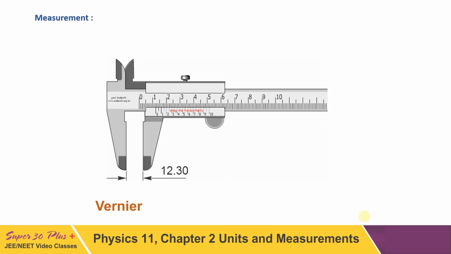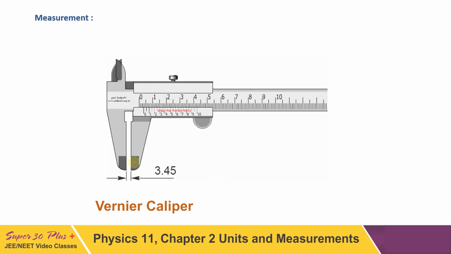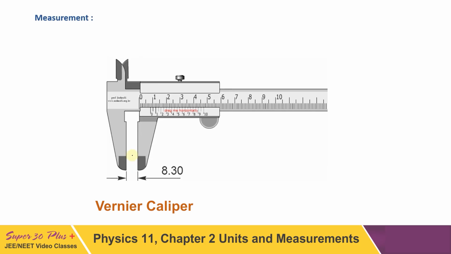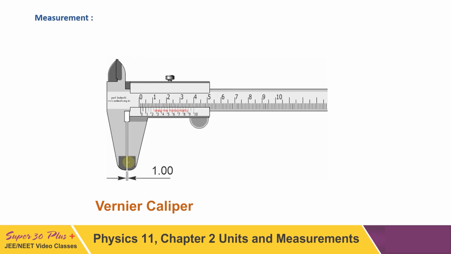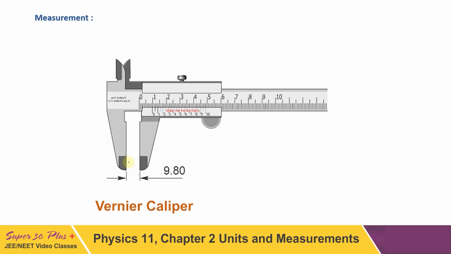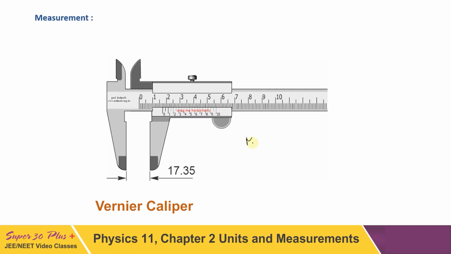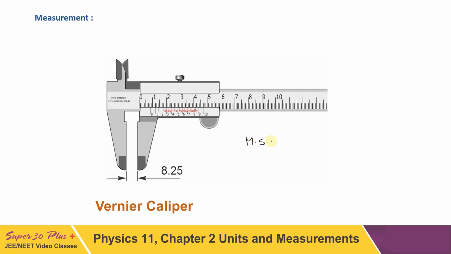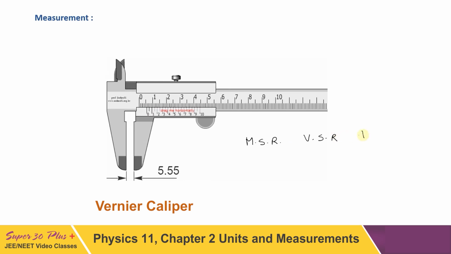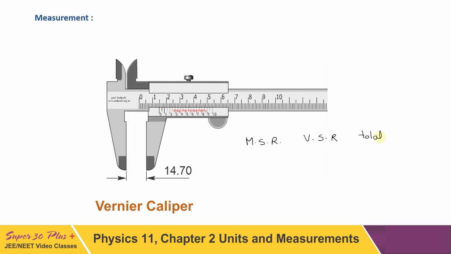This is how measurement is made. Between the jaws, as you can see here, the object is placed and then the reading is taken. How is it taken? First we have to write the main scale reading, then the vernier scale reading. These two are to be added to give the total value, and then zero correction.